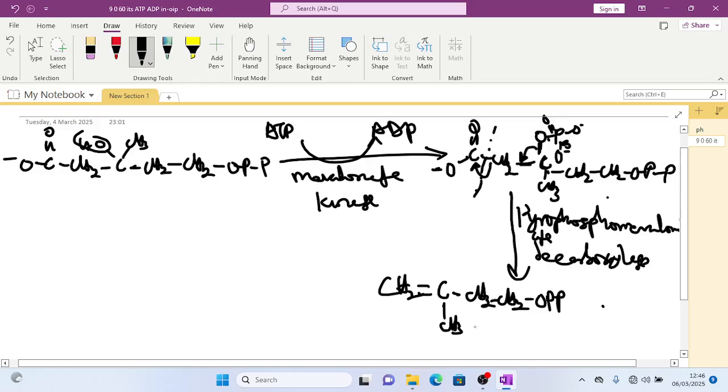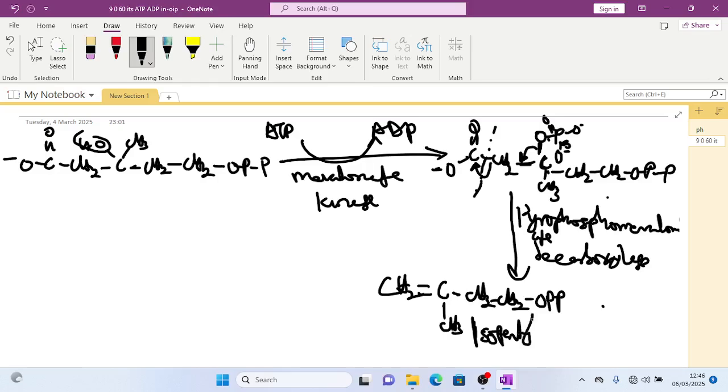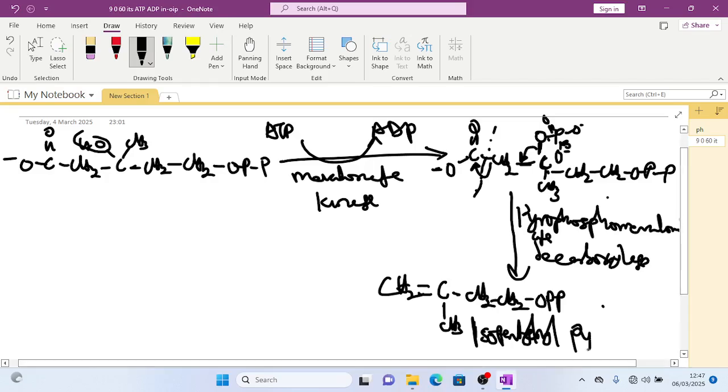What do we call this compound? This compound is an isoprenoid and its name is isopentenyl pyrophosphate.